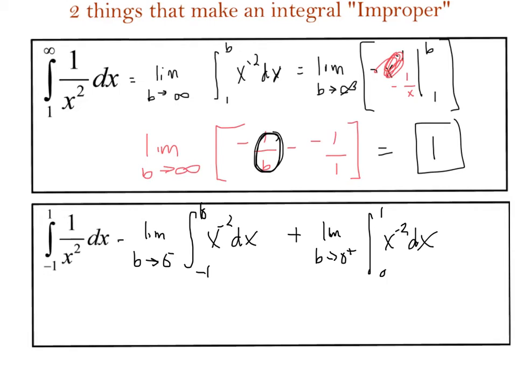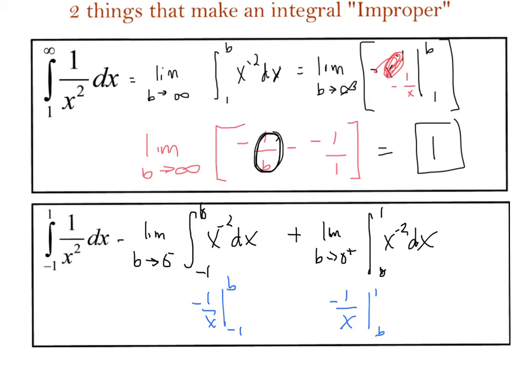Okay. And of course we have the same antiderivative because it's the same thing. So it's going to be negative 1 over x evaluated at b and negative 1. Negative 1 over x evaluated at 1 and b. I accidentally wrote a 0 there.